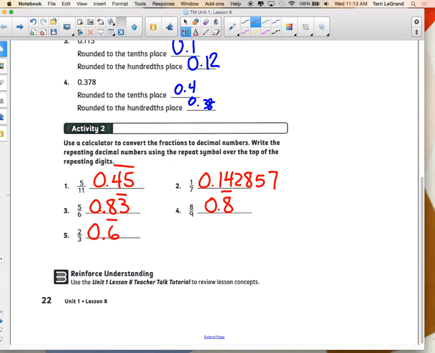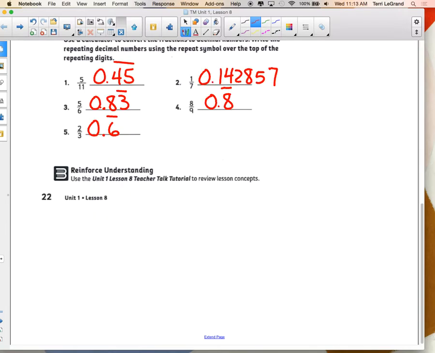Okay, so when you're finished, you can check out the smartboard and see if you have them correct. Or challenge me if you think I'm wrong.